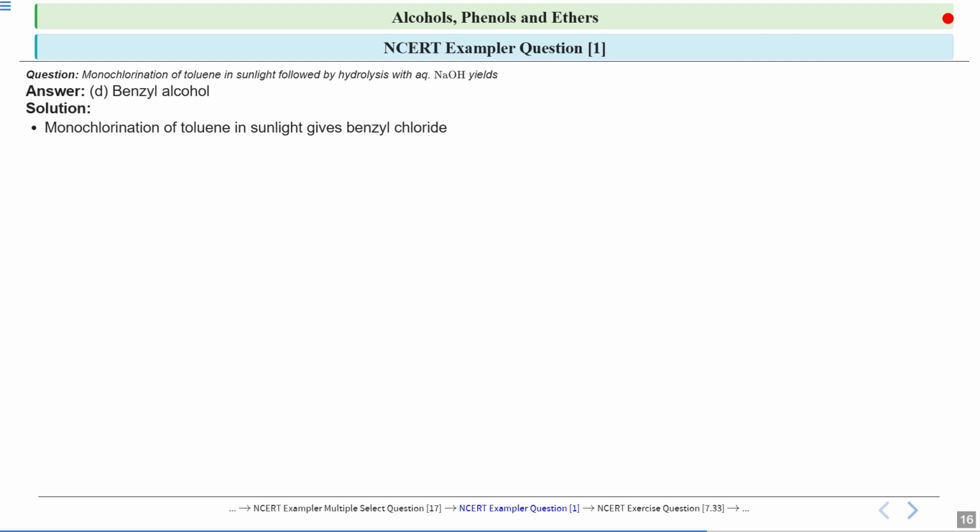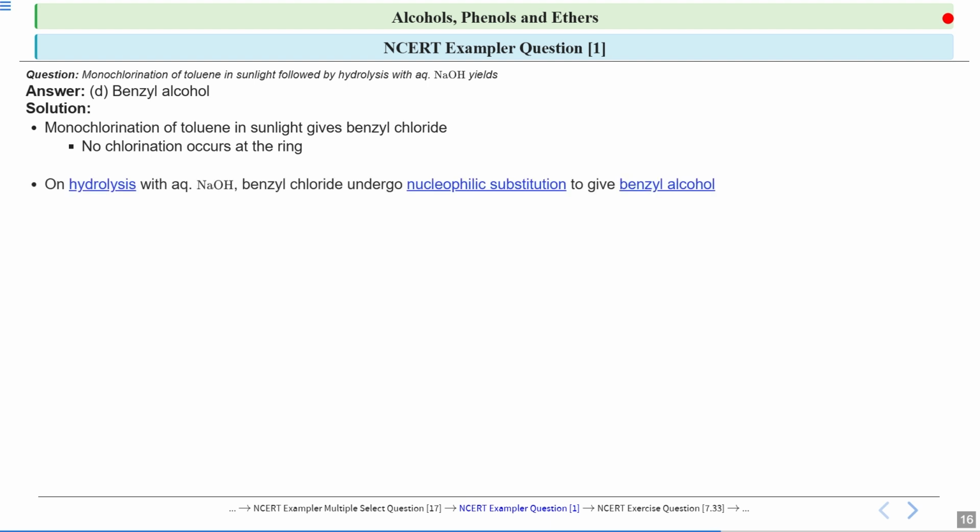Okay, that means your chlorination is not occurring at the ring. This is an important point to note, that the chlorination is not there at the ring. And this process follows a free radical pathway. So first, from toluene, when it reacts with sunlight, that is the monochlorination of toluene in sunlight, it will give you benzyl chloride.